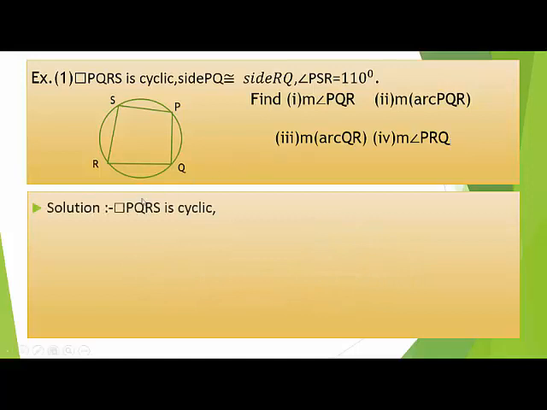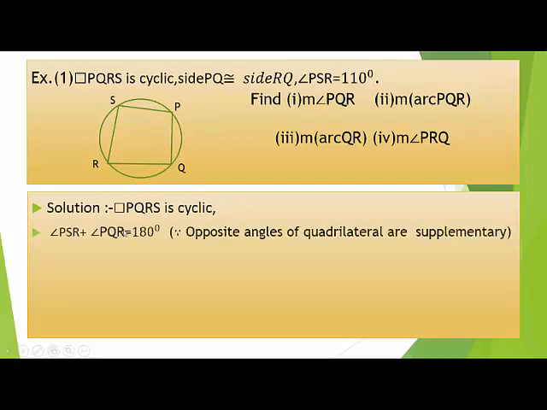Solution: quadrilateral PQRS is cyclic. In this figure, angle PSR plus angle PQR is equal to 180 degrees because opposite angles of a cyclic quadrilateral are supplementary.